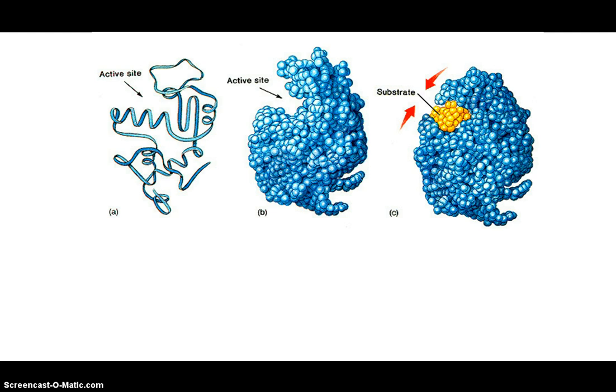So here is a model that's a little bit closer to what the actual protein might look like. So if we start over here on the left, here is what they call the ribbon model, which shows the backbone of those amino acids that form the protein. And here's the active site right here.